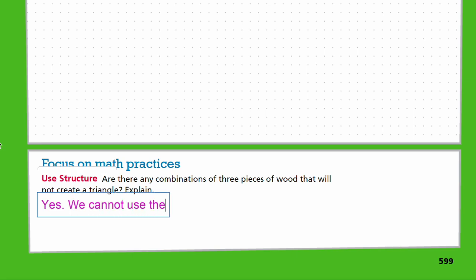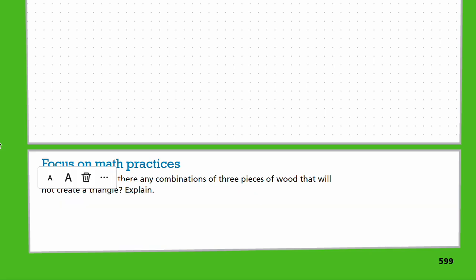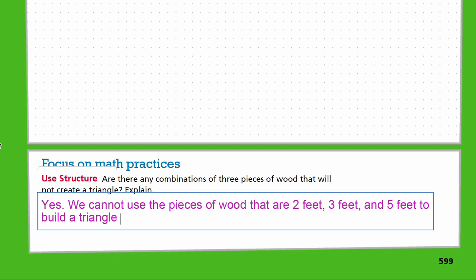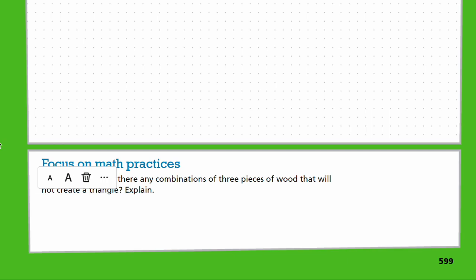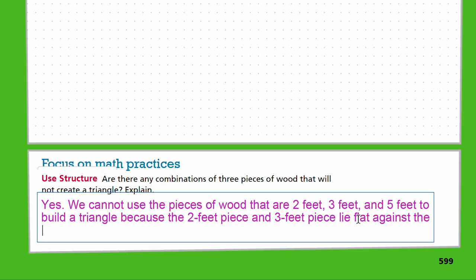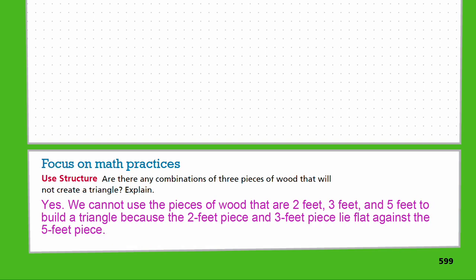We cannot use the pieces of wood that are 2 feet, 3 feet, and 5 feet to build a triangle because the 2 feet piece and the 3 feet piece lie flat against the 5 feet piece.